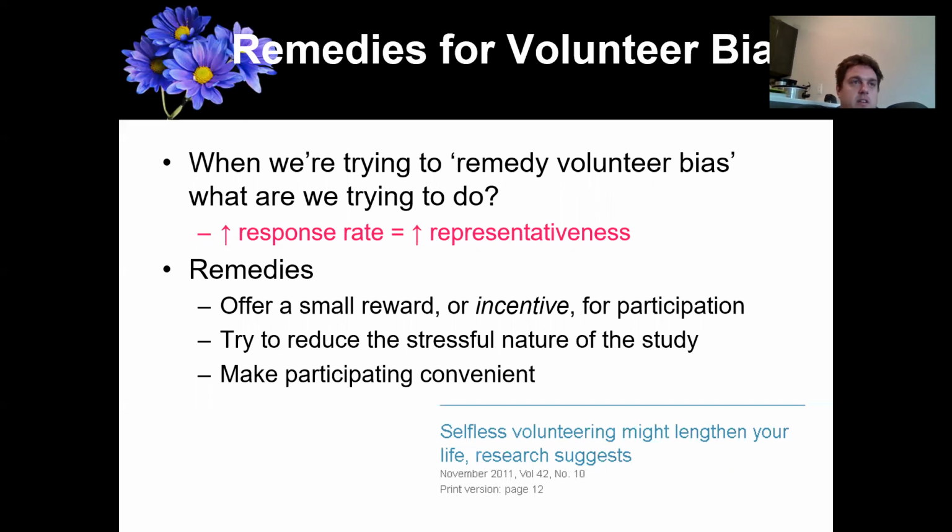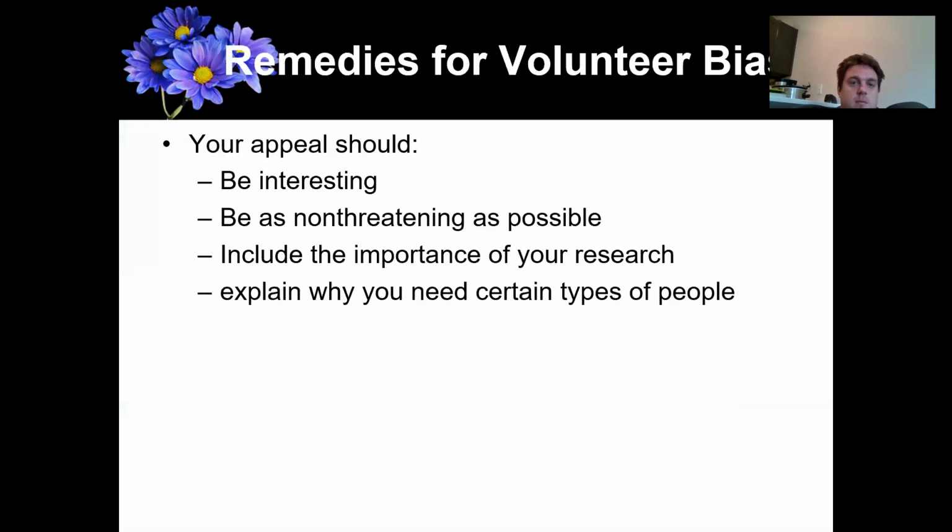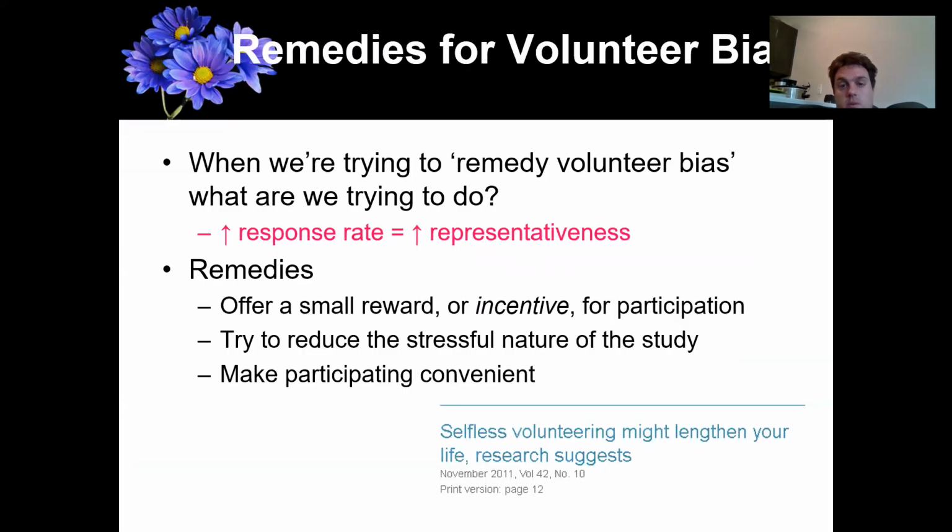Whereas if everyone is agreeing to do your study, it's going to be more representative, chances are. So there are some remedies for this. For example, offering a small reward or incentive for participation. If the person gets nothing for doing the study, they're obviously going to be less likely to participate than if you, say, gave them some money.